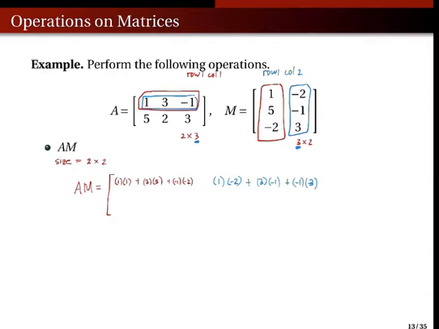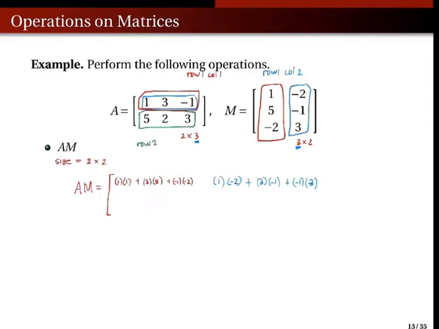Now, let us look at this next. Say you have, let me use this color. Now, I'm going to look at these guys here. So, this time I'm at row 2.